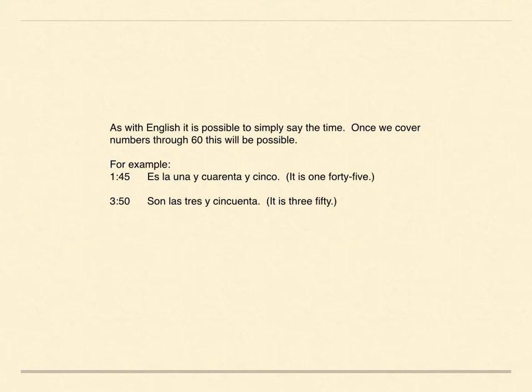You could say es la 1:45, right? Or if it's 3:50, do I have to say 10 to 4? No, you could say it's 3:50. Son las 3:50. But because we haven't gone over some of those numbers up through 60, we're not quite there yet. But just so you know, it can be done.